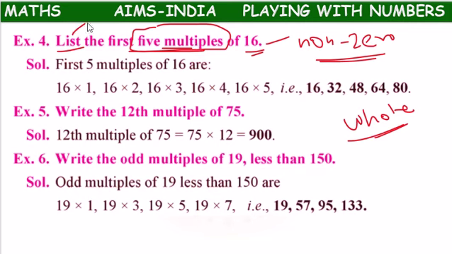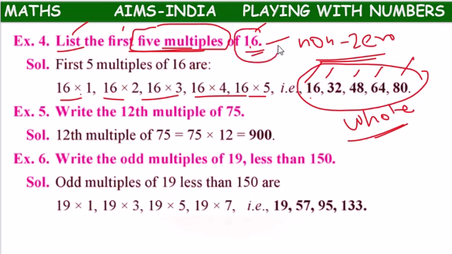Now list the first 5 multiples of 16. Starting from 16 one time, 16 two times, 16 three times, 4 times, 5 times. These products will be the multiples of 16. 16 one is 16, 16 two times 32, 48, 64, 80. These 5 are the first 5 multiples of 16.